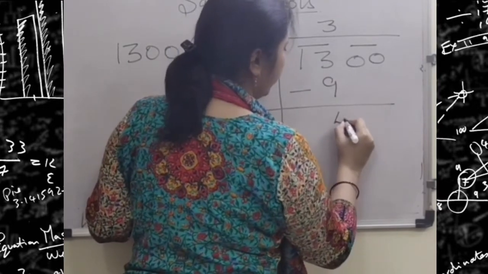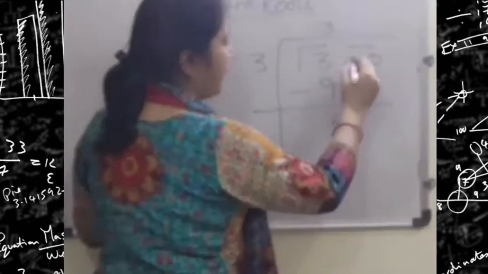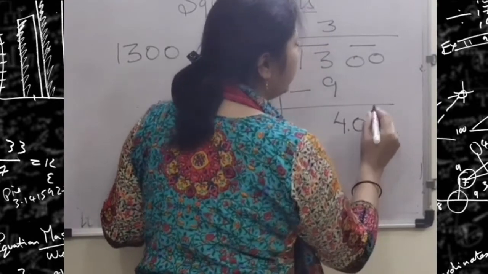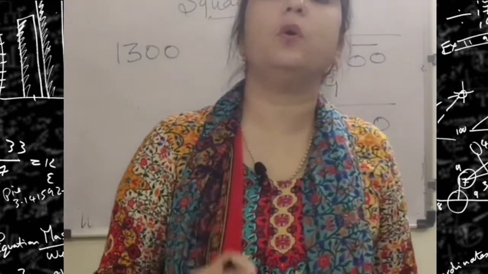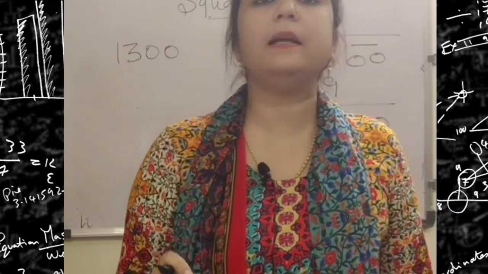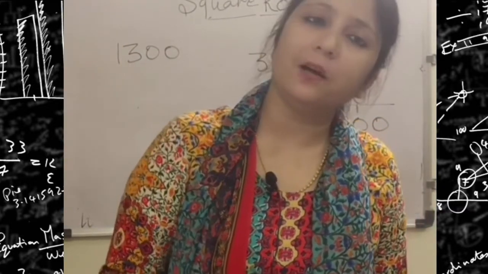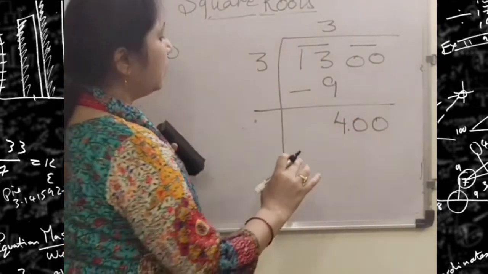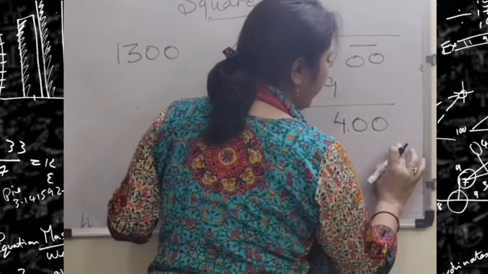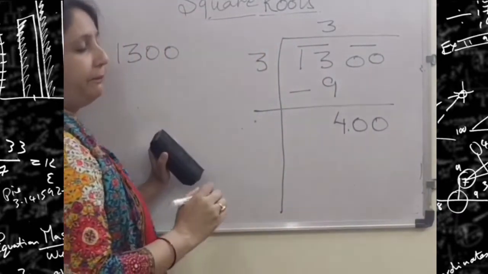The remainder is 4. We bring down pairwise. Children, again remember, in long division method we don't bring down single digit. We always bring down numbers pairwise. So in the dividend you have 400.